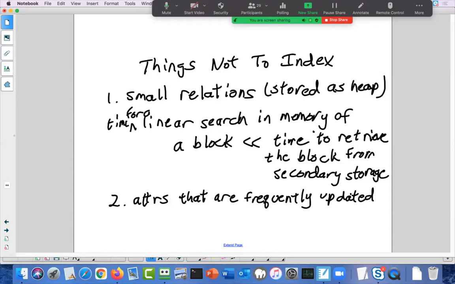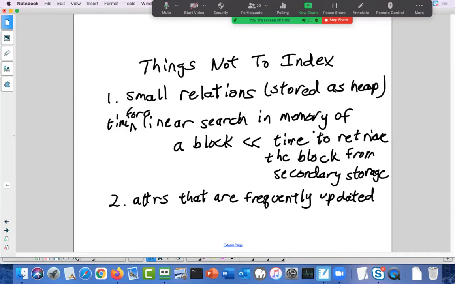For example, if it's a hash table, then when the value changes, its hash code changes, which means it's going to map to a different entry, perhaps, on the disk. So changing an attribute may require changing multiple blocks of the index as well as the underlying relation.